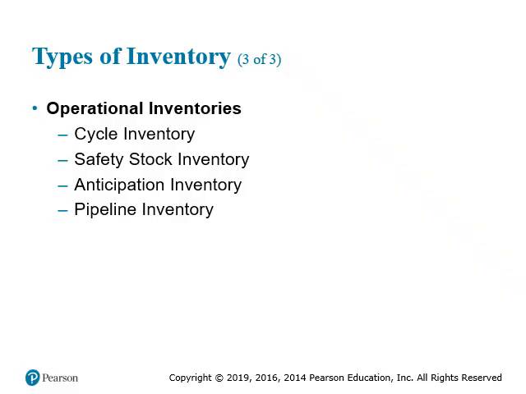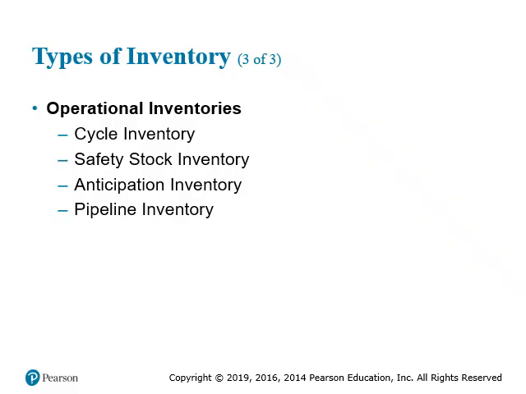So 4 types that are identified by your book. These are not the only ways we refer to inventory in operations, but these are common considerations. So cycle inventory, safety stock inventory, anticipation inventory, and pipeline inventory. Let's talk about what these are, and also we'll talk about some strategies around not having too much of what these are.